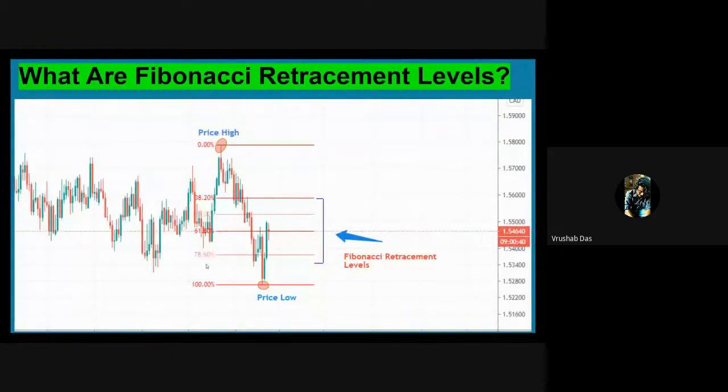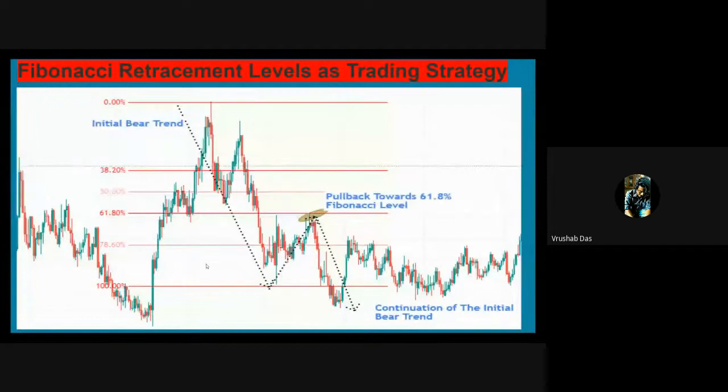And how to use it? Fibonacci retracements are mostly used in alignment with trend continuation trading strategies. In essence, traders use the Fibonacci retracement strategy by identifying golden Fibonacci numbers or a strong Fibonacci level, the numbers that we have talked about.